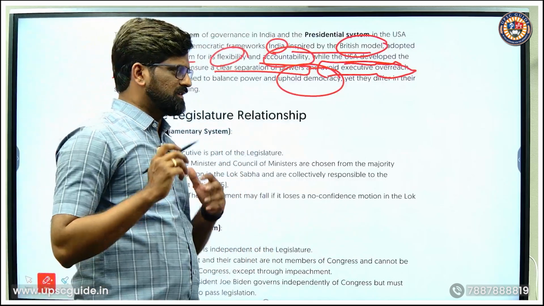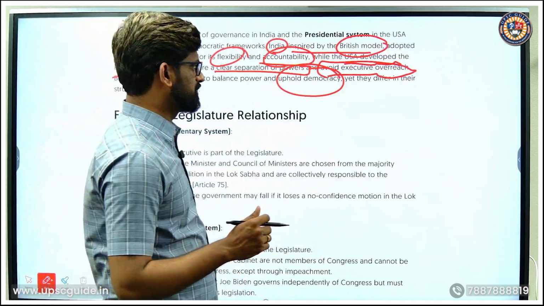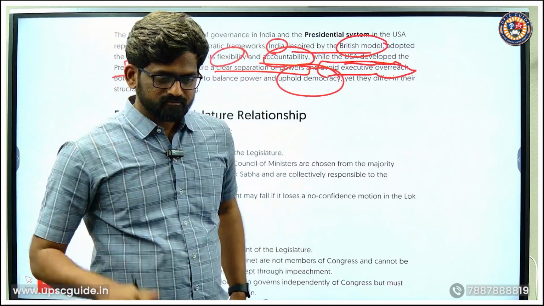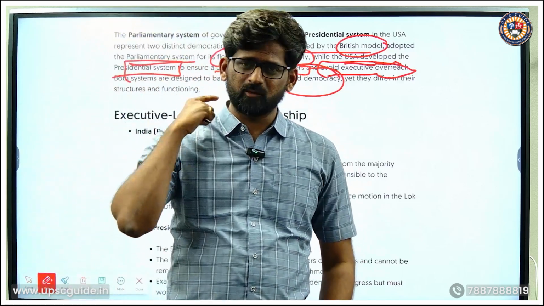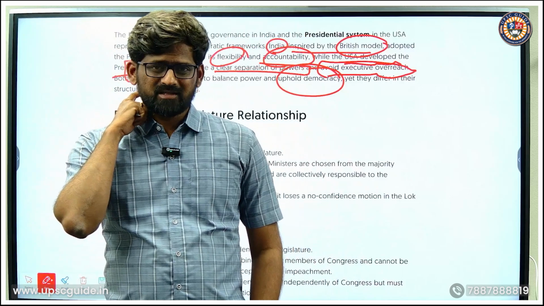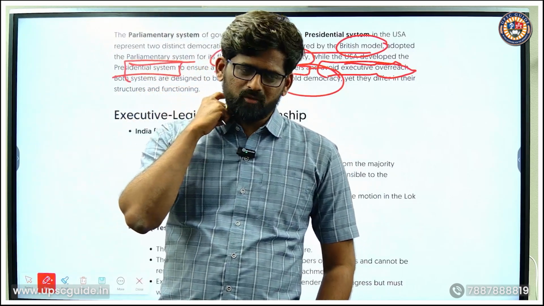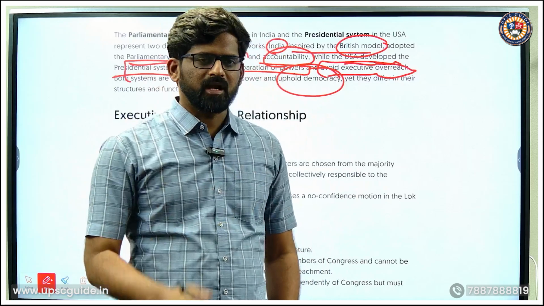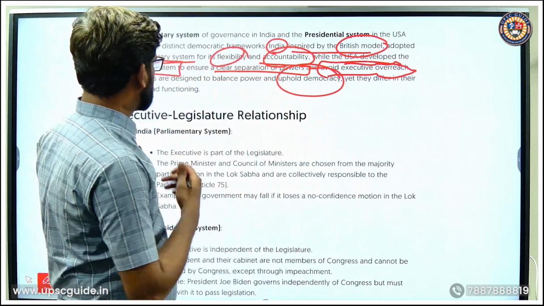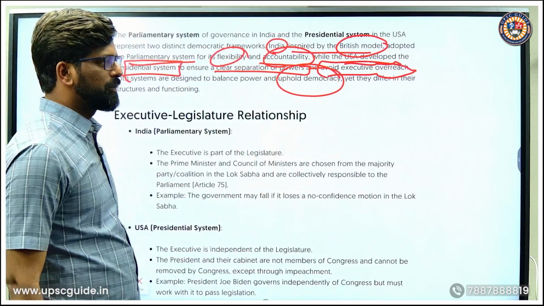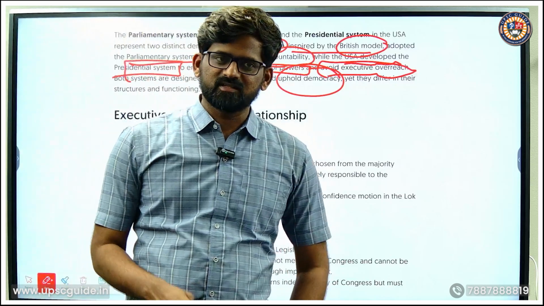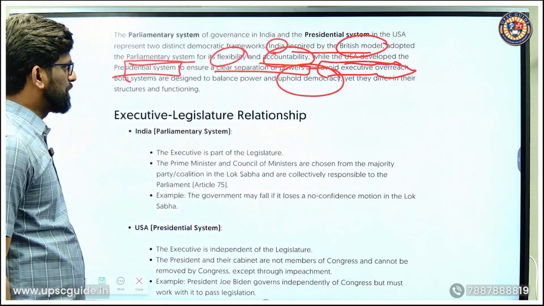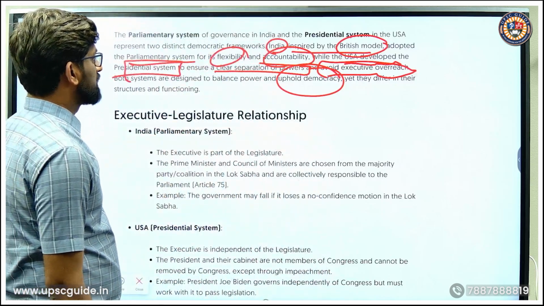On that line also you can introduce this question: India is the largest democracy in the world, USA is the oldest democracy in the world, and they both have different political systems. India adopted the parliamentary system for its accountability and flexibility. USA adopted the presidential system for its separation of power and to avoid executive overreach.